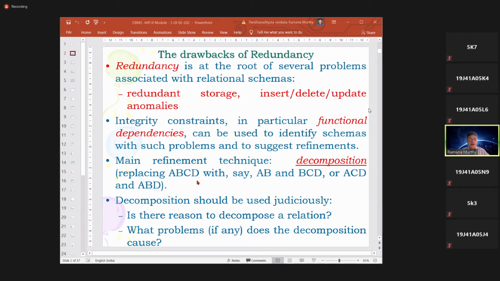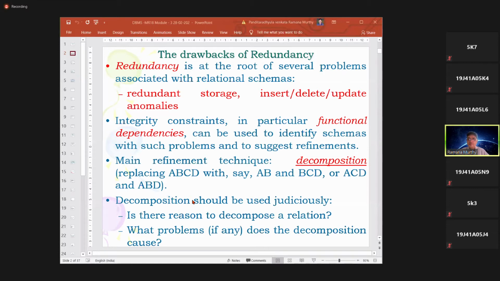At the outset, we identify redundancy as the root cause of the several problems associated with relational schemas. That means it is the main area where you get the various problems with reference to the relational schema.